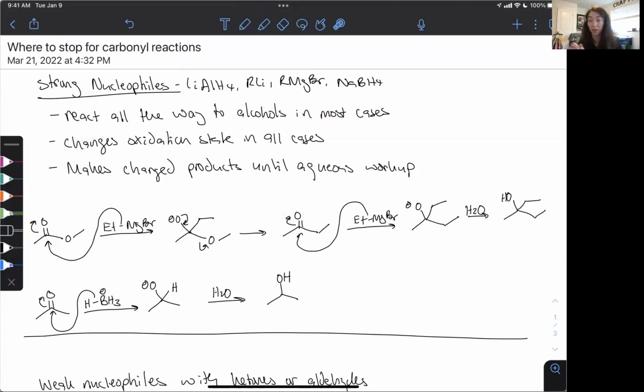So we're in a very different oxidation state than we were before. Same thing with the hydride reagents, then we're actually changing out C-O bonds for C-H bonds, so it's definitely a reduction. And until we add our aqueous workup, it is going to be a charged product. So in all cases, we're ending up with our charged intermediate, which is essentially the stable product until the workup step actually occurs.